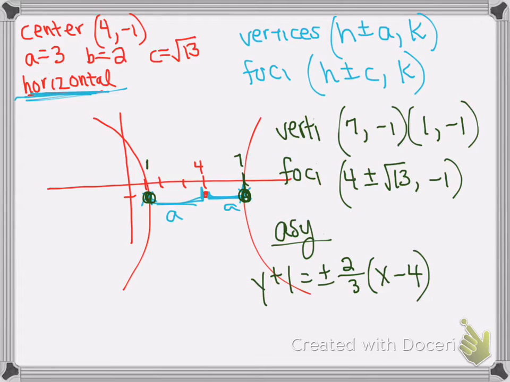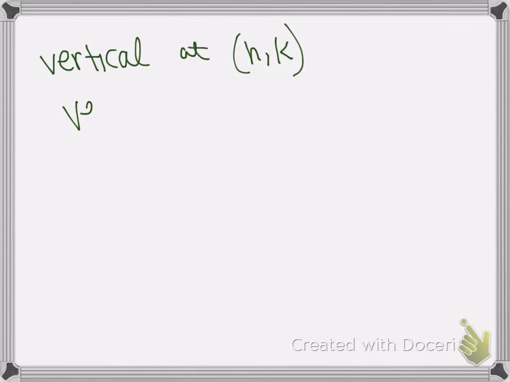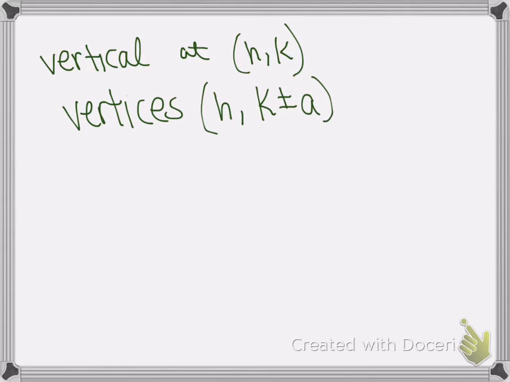All right, the last thing is if it's a vertical hyperbola centered at h, k. This time your vertices are going to be h, k plus or minus a, and your foci will be h, k plus or minus c.